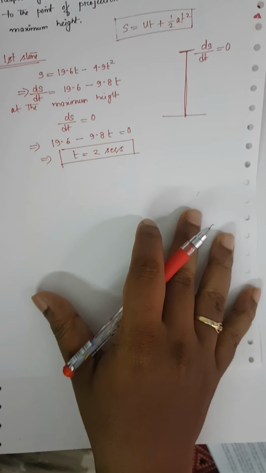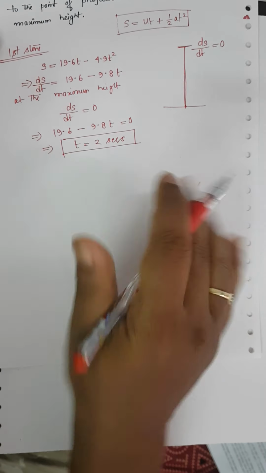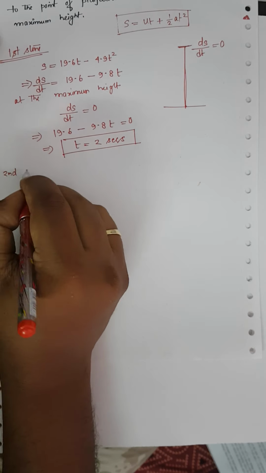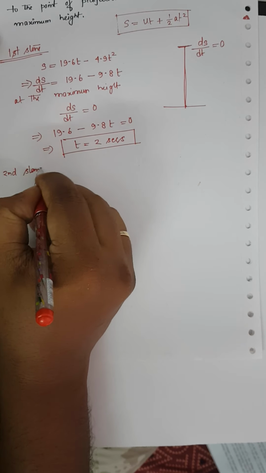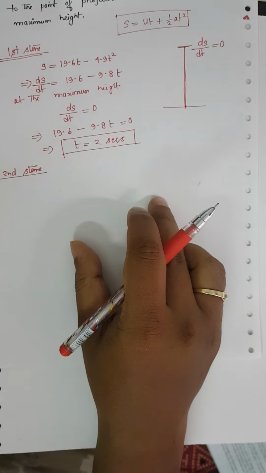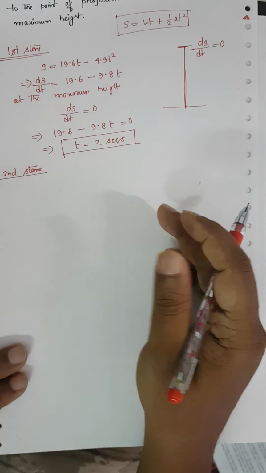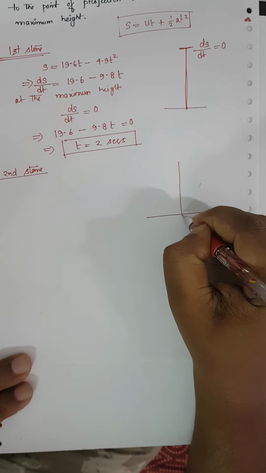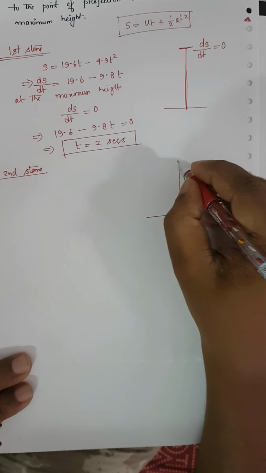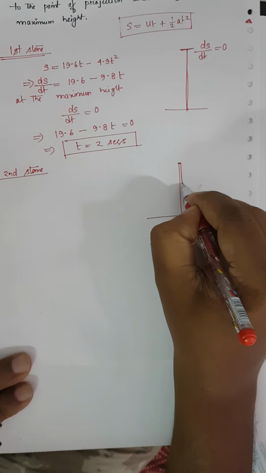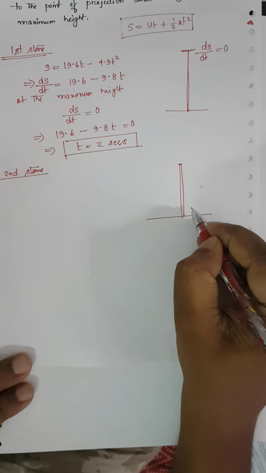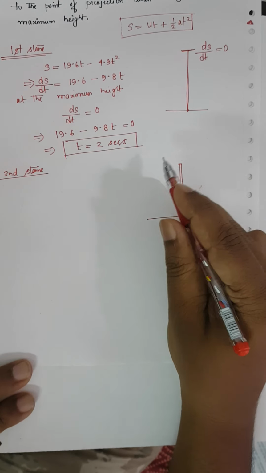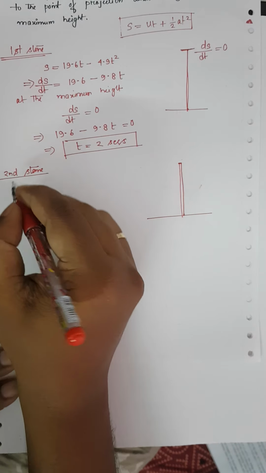Now for the second stone, you are given that the second stone reaches the point of projection. If the second stone is thrown vertically upward and it again reaches the same position, the total displacement will be equal to 0.